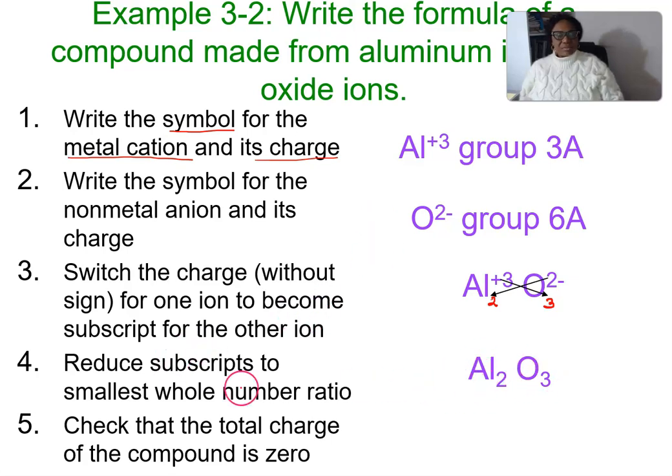So that's it. Then reduce the subscripts to the smallest whole number ratio. If there is need, there's no need here. Check that the total charge of the compound is 0.